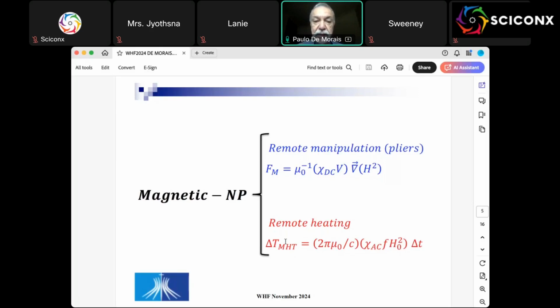So remember, the heating depends on the time you are applying the external field, the amplitude of the external field, and the frequency, which means these three parameters actually are instrumentation parameters. On the other hand, the AC susceptibility is a parameter related to the magnetic nanoparticle itself, and the specific heat depends on the medium.